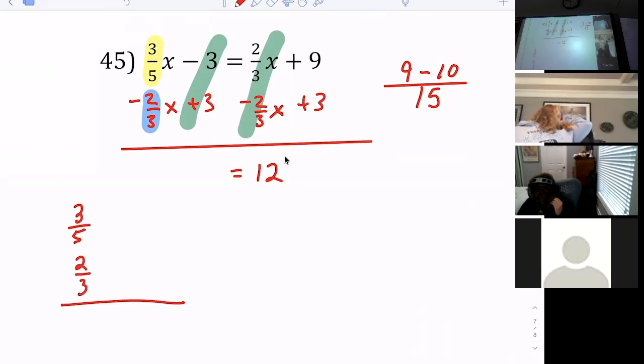What am I multiplying the first fraction by? Okay, so how did I get the 9? You told me how to get the 9. You said 9. All right, now how did I get 10? Multiplied by 5.